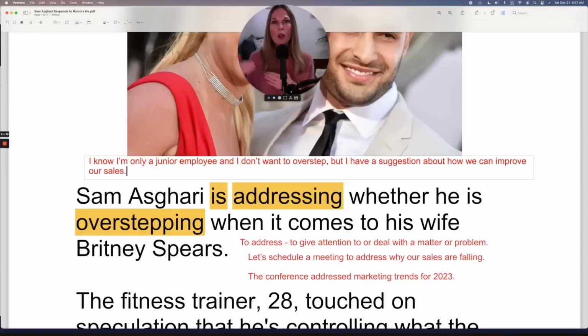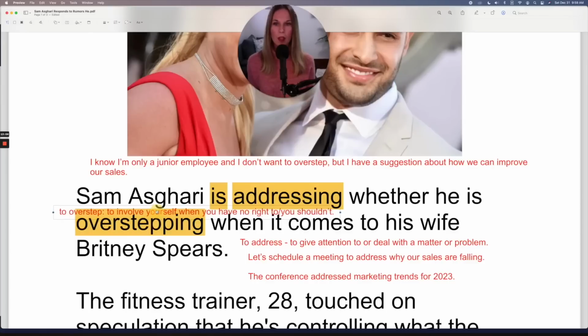So you can see that a lot when there's some sort of a hierarchy, and perhaps people in the lower part of the hierarchy should not be involving themselves. And if they do, we could use the verb overstep. But remember, there's a hierarchy in families. There's a hierarchy even in friendships. So you can use this in everyday situations as well. So here's the definition for you: to involve yourself when you have no right to, you shouldn't.